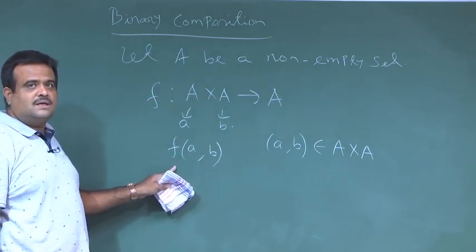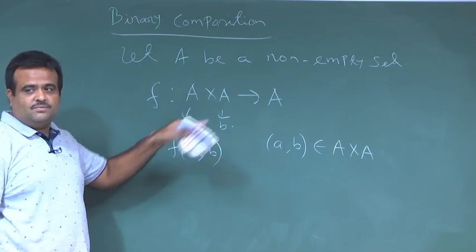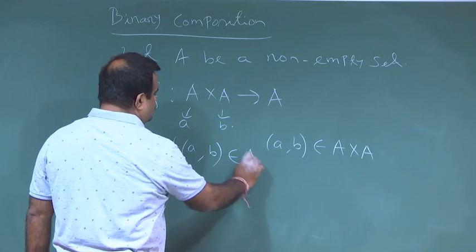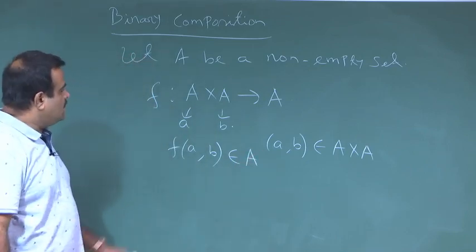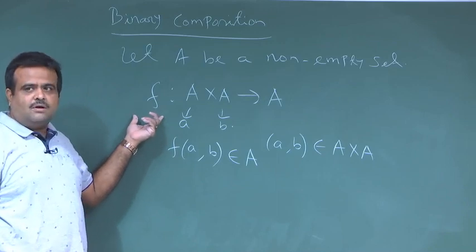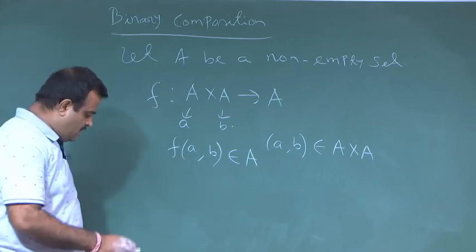If the result belongs to A, then it is called the closure property. This type of function is called a binary operator or binary composition.